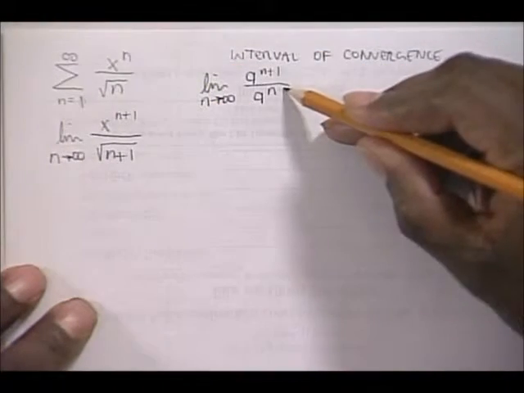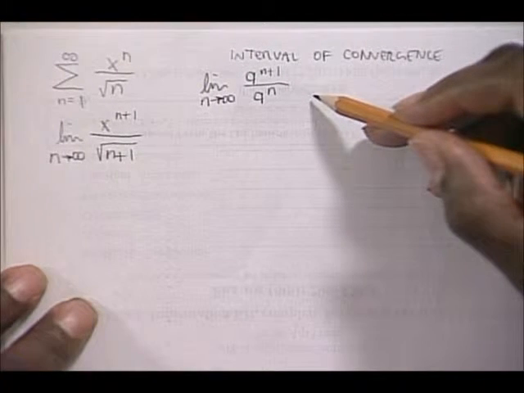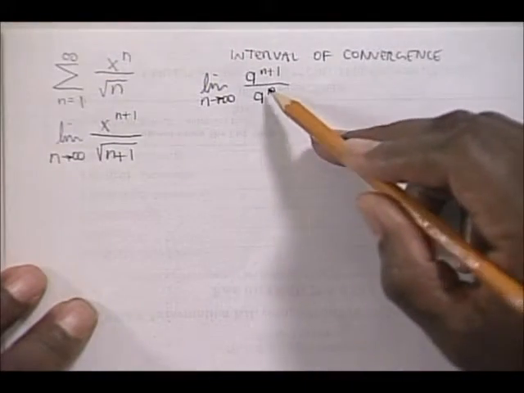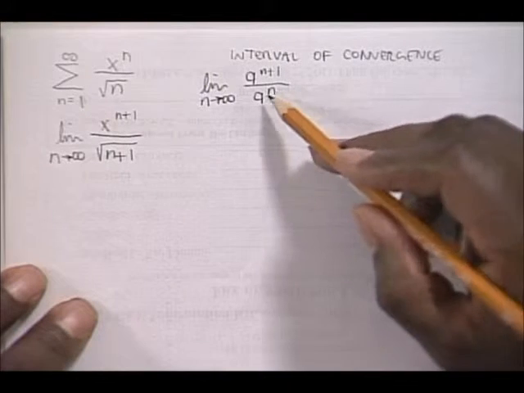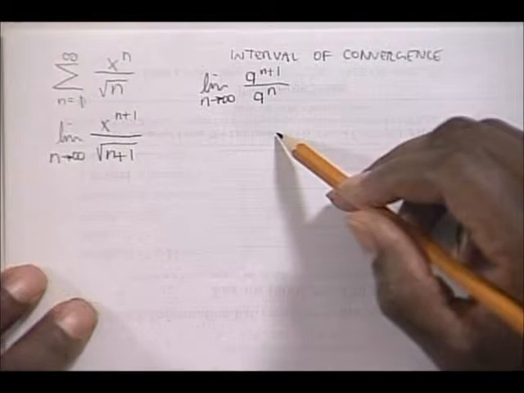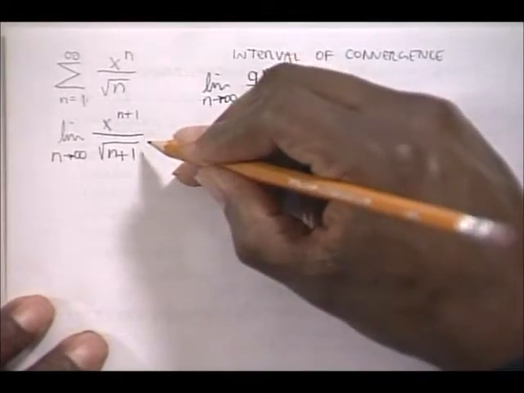If the result is greater than 1, that tells you that this series diverges. And if it's equal to 1, that tells you that this is not an adequate test to use, and you've got to go in another direction. All right, so that said, let's now attack the problem.